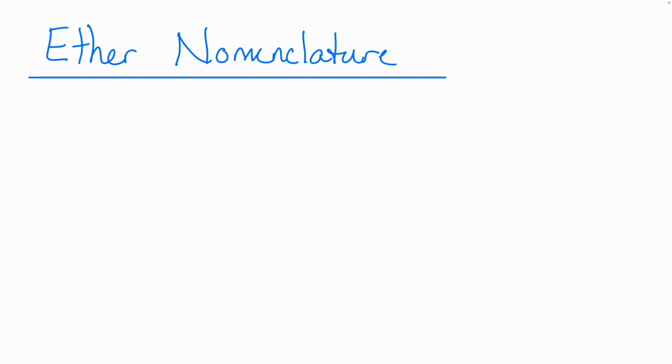The weird thing about ethers is that they're treated not as functional groups, but as substituents in our nomenclature. Let's take an example here.